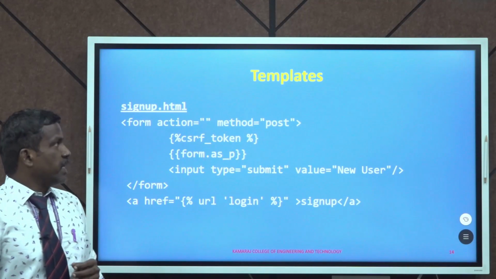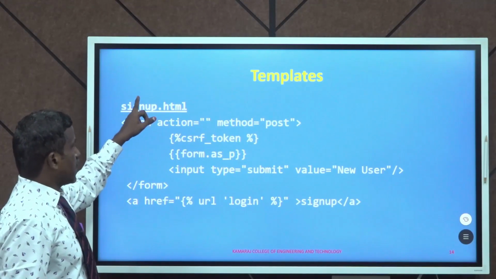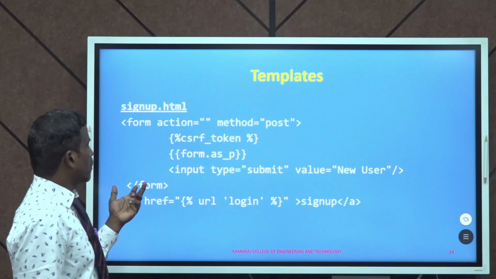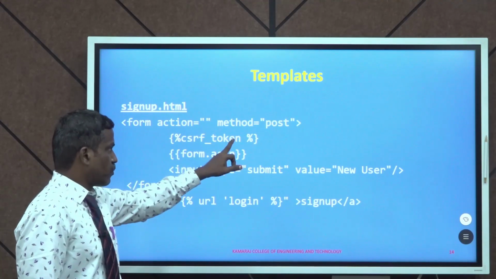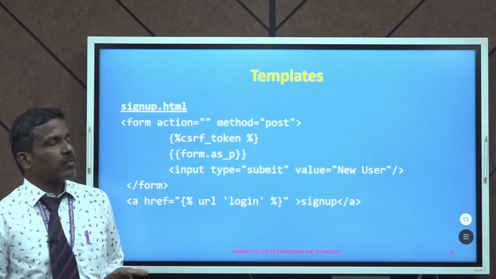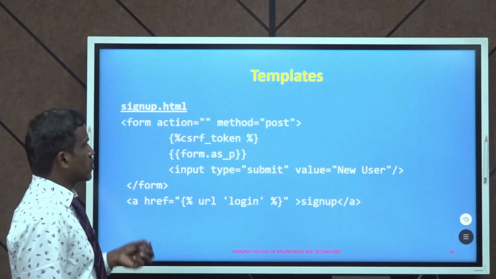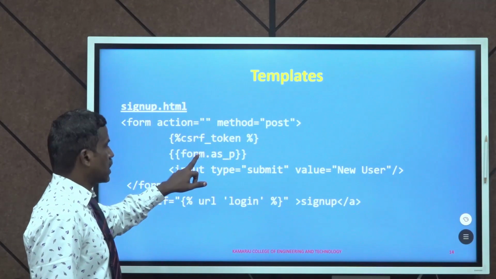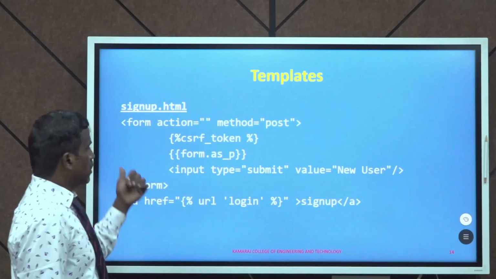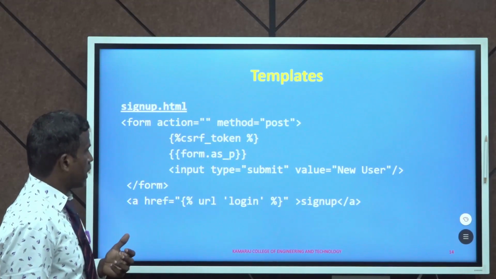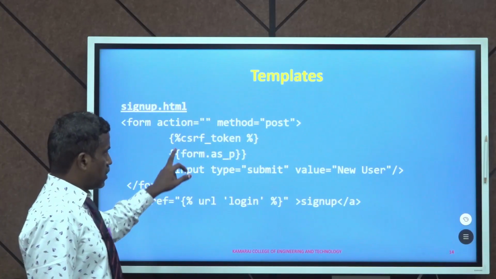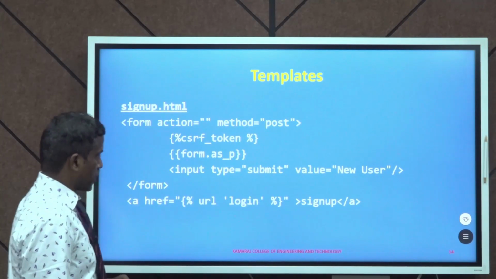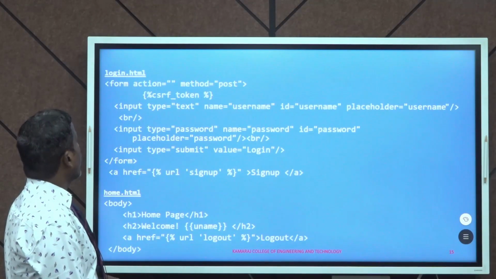The templates we used are, for the signup, the signup form with the CSRF token, which is enabled for cross-site request forgery errors, and the form is created as p. Using that p we evaluate everything, and apart from that we use one submit button.